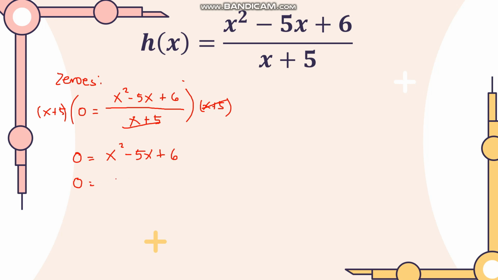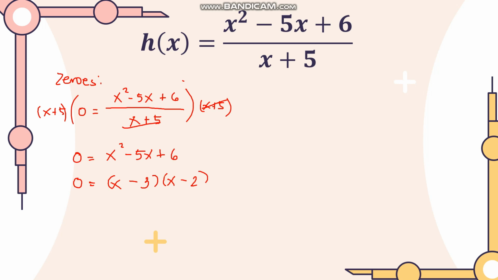So we have two binomials as the factors. For x squared, the factors will be x and x. For positive 6, identify factors of 6 that when you add, the answer is negative 5. So that will be negative 3 and negative 2. Negative 3 times negative 2 is positive 6.